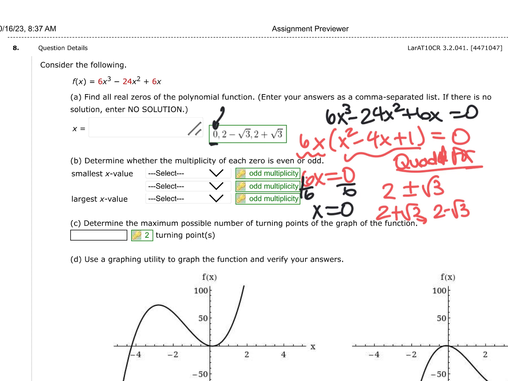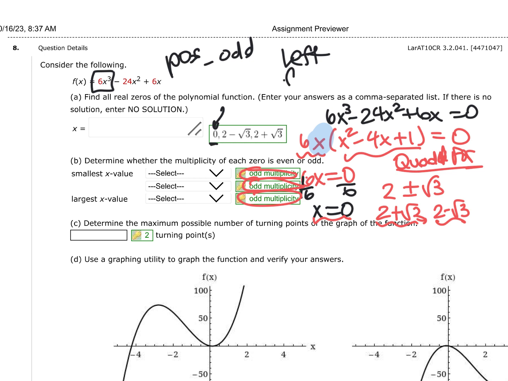So this 0 counts only as 1, and these count as 1 as well. So that's why these are all considered odd multiplicity, because I didn't take out an x squared here, I only took out an x. All right, and then for end behavior, it is positive and odd. So on the left, it should fall, and on the right, it should rise.